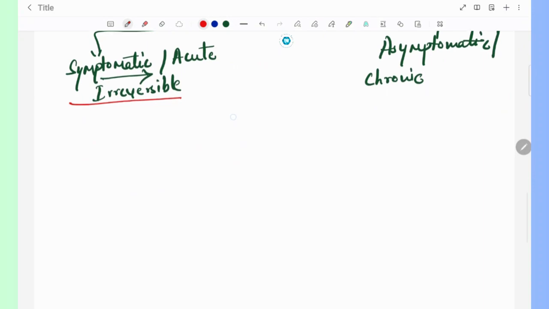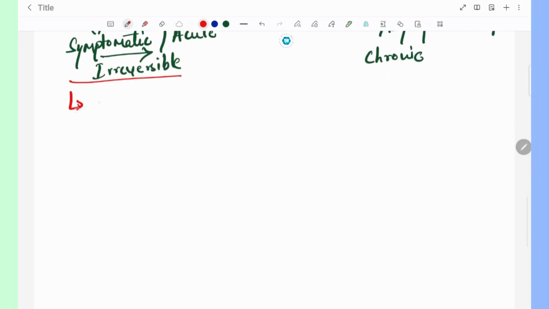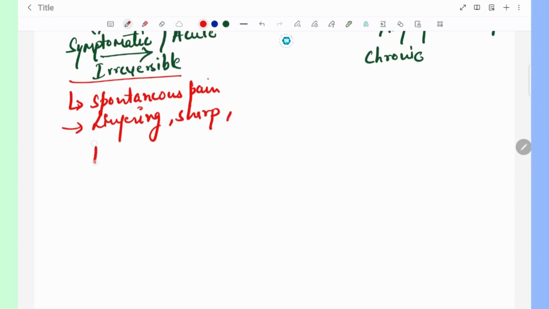Symptomatic irreversible pulpitis exhibits the spontaneous pain, that is, the patient will complain of lingering, sharp, piercing pain that may last.